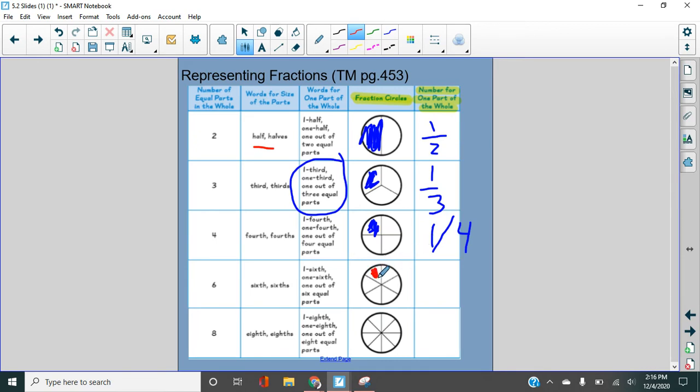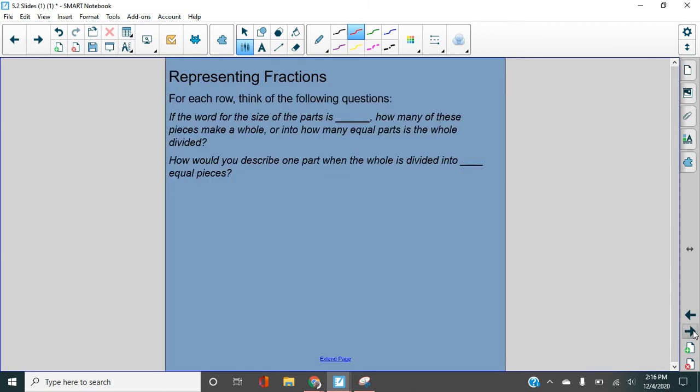One sixth. What's the fraction for that? 1/6. And for 1/8, we've already talked about 1/8, right? When Mr. White was eating pizza.